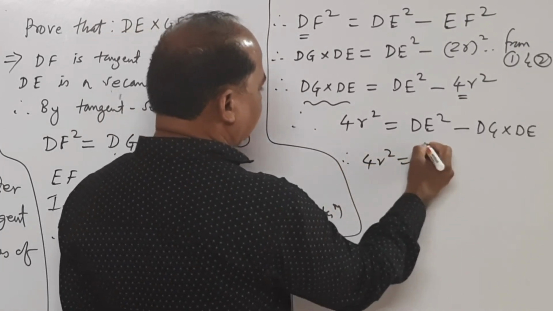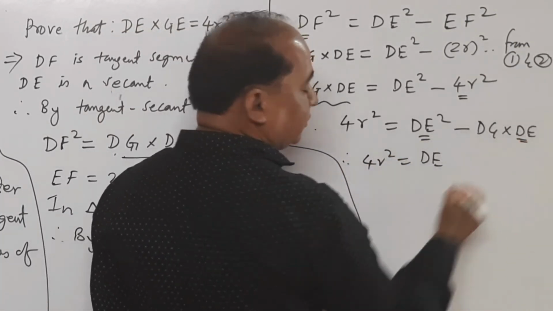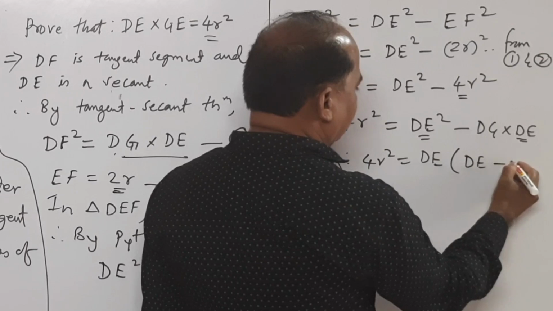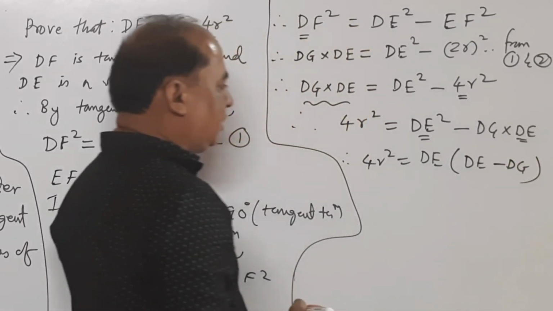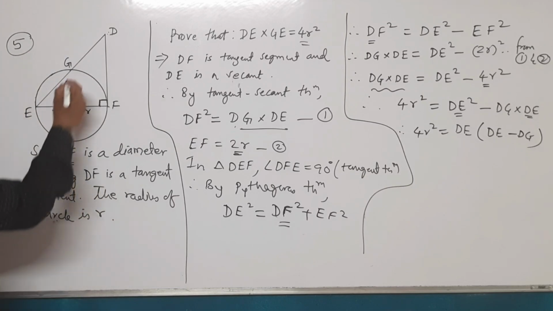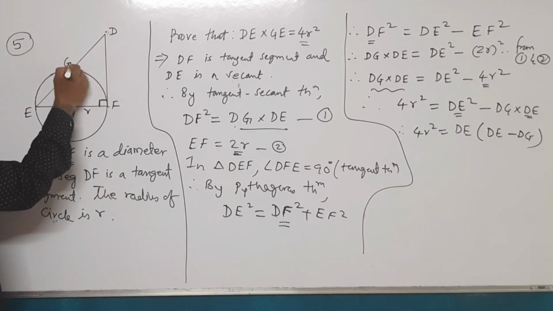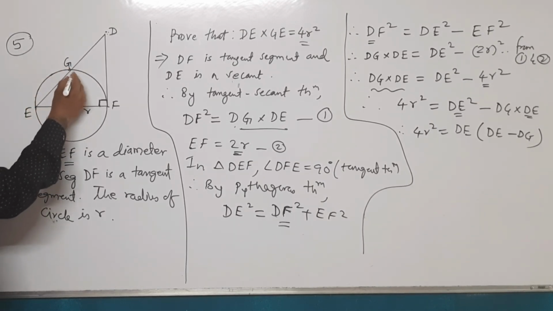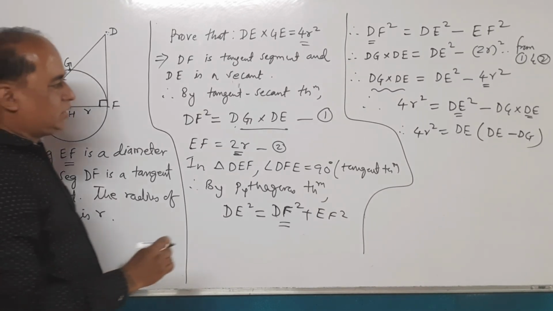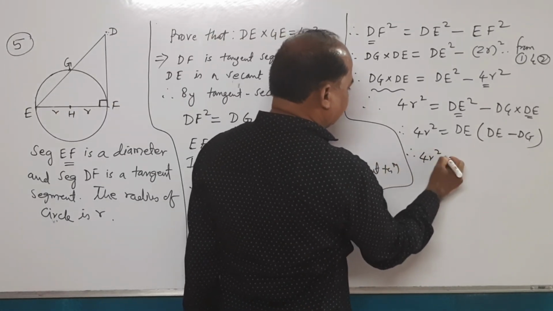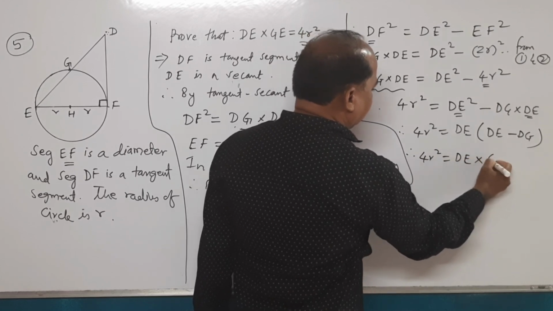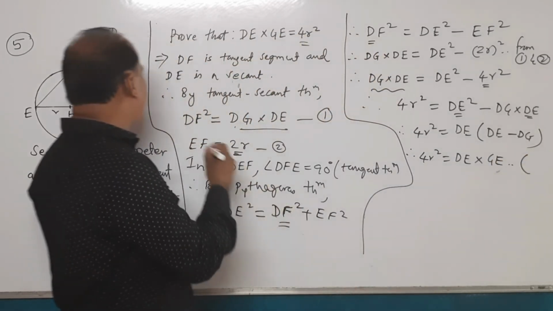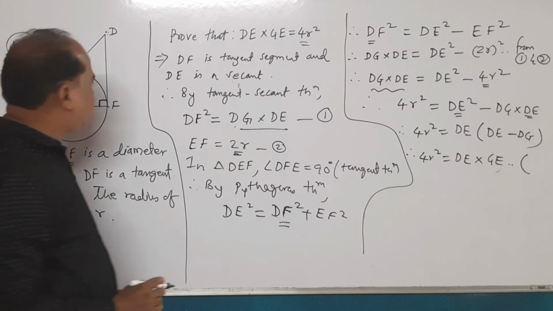Therefore, 4R square is equal to DE common into bracket DE minus DG. Now if you refer to the figure, DE minus DG is equal to GE. So we can replace this: 4R square is equal to DE into GE.